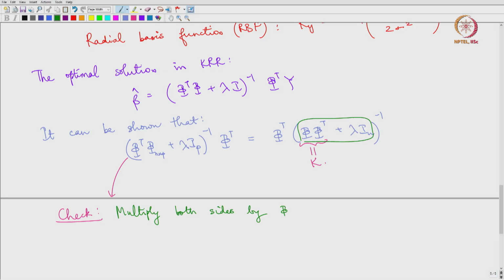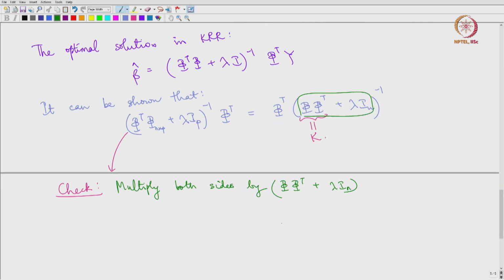Let us multiply both sides by (phi phi transpose plus lambda I_n). After you multiply, what is the left hand side? The left hand side will become (phi transpose phi plus lambda I_p) inverse phi transpose multiplied by (phi phi transpose plus lambda I_n).